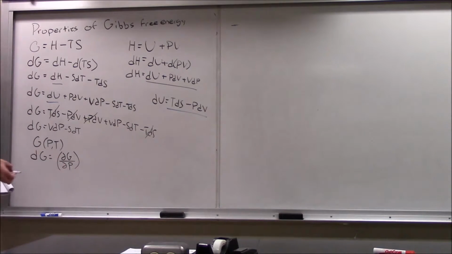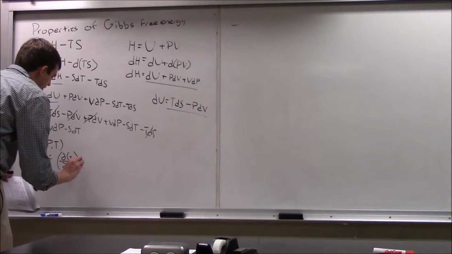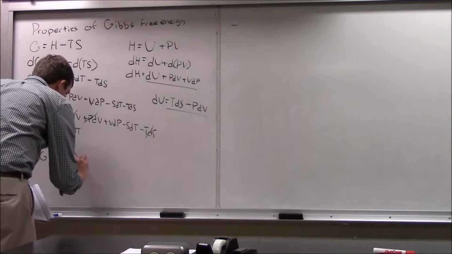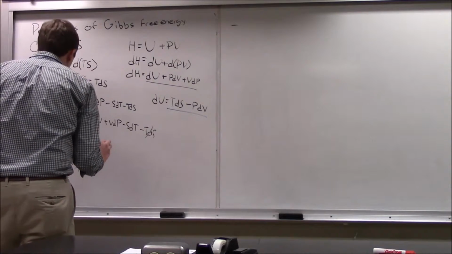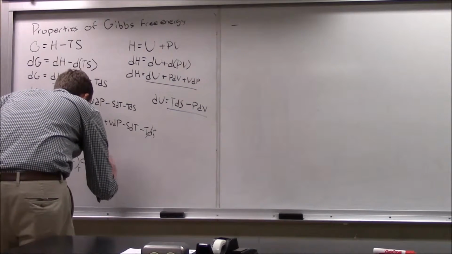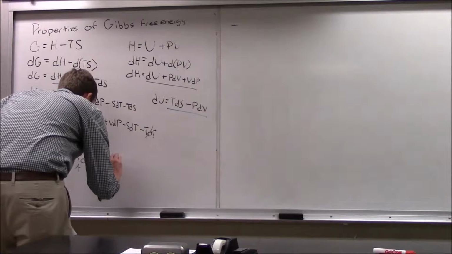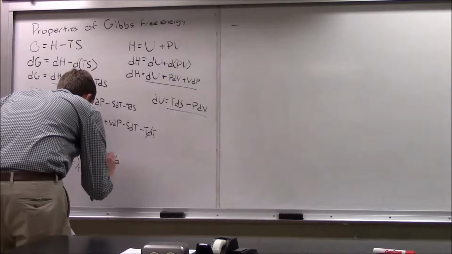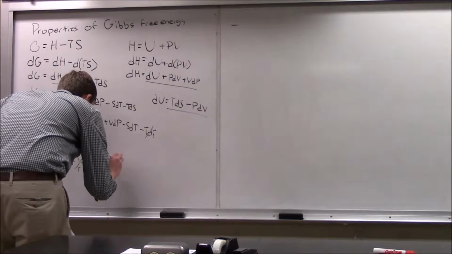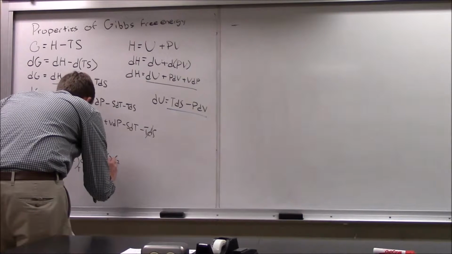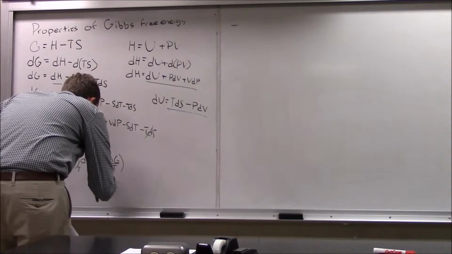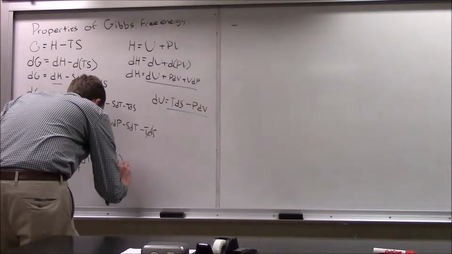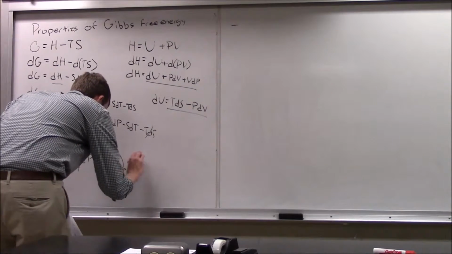I'm going to take the partial derivative in terms of pressure at constant temperature and multiply this by dP. And this is going to be plus my other partial derivative of G in terms of temperature at constant pressure, dT.